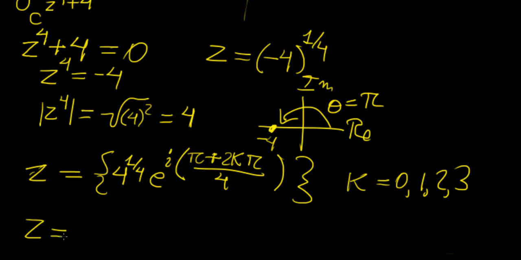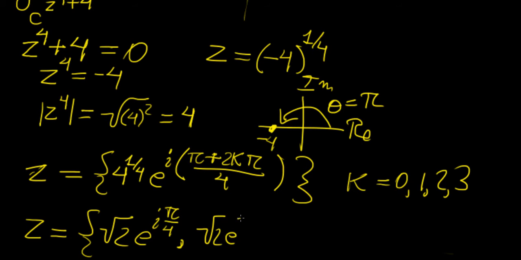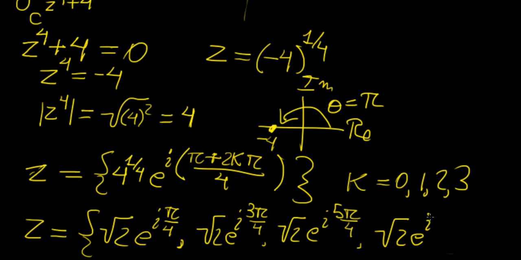So now z is going to be equal to root 2, and this is going to be equal to e to the i pi over 4. So we start substituting for the values of k. This is going to be 3 pi on 4, root 2 e to the i 5 pi on 4, and then root 2 e to the i 7 pi on 4.